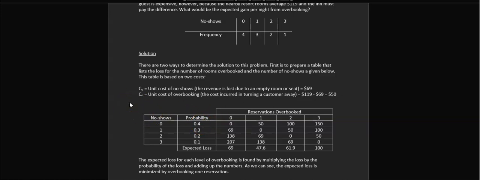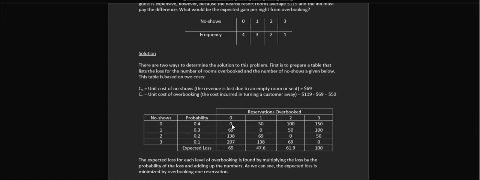And this is real important for net factored calculations, to use a probability. So on the overbooking side, if you have 0 overbookings, that means you have to accommodate every person that shows up, and you have 0 no-shows. You did well. You used every room that you had.